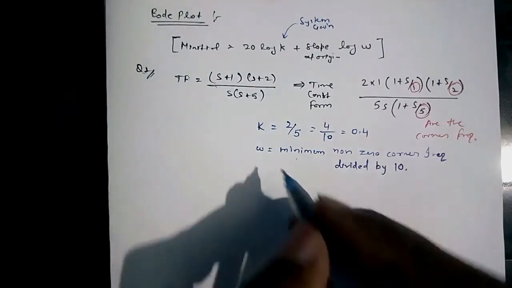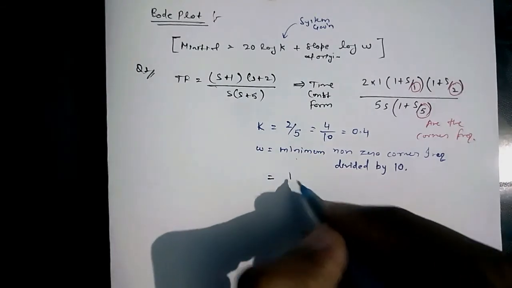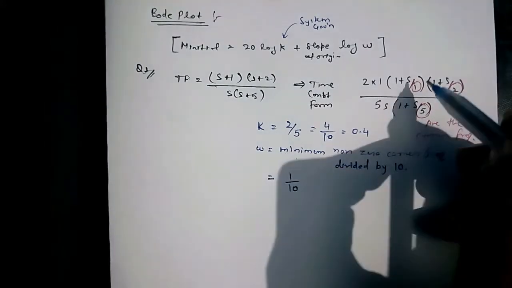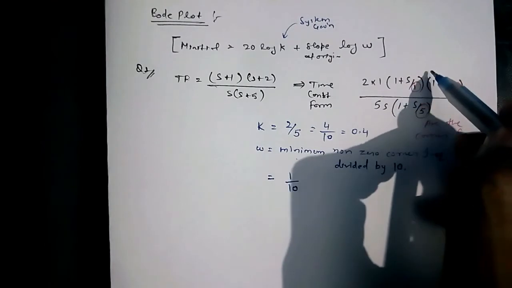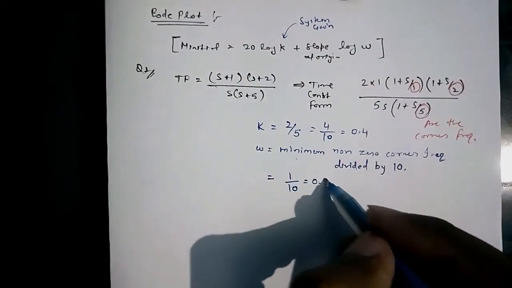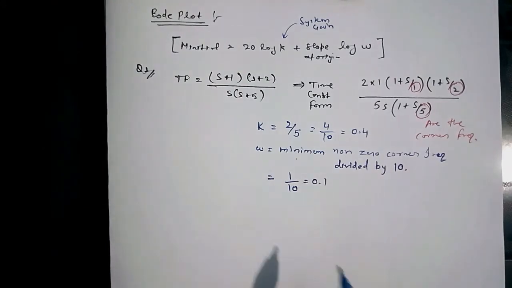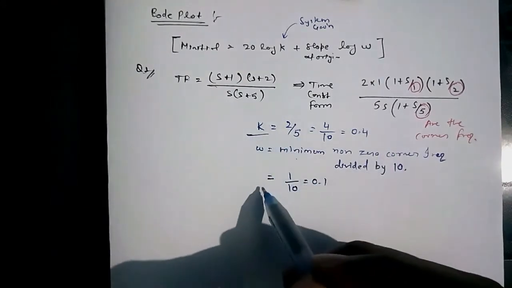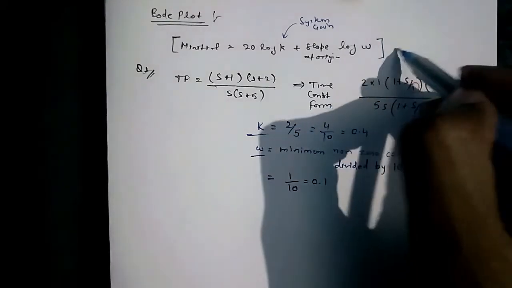So here omega is 1 by 10, because 1 is the minimum non-zero corner frequency. So 1 by 10 we have 0.1 here. Now put the value of k and omega into this formula.